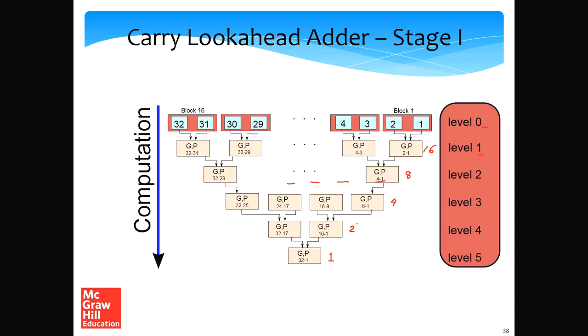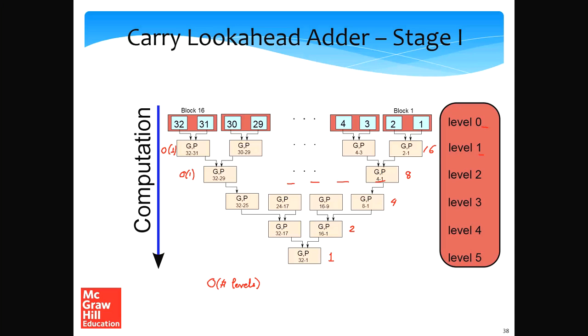So what we can say is that for each level, the time that it takes is the time that any one of these circuits take, because all of them are working in parallel, and they take roughly order of 1 time, which means constant time. So roughly all of them, since they are the same circuit, take the same time. So the total time that you require is essentially order of the number of levels, right? So how many levels would you have?